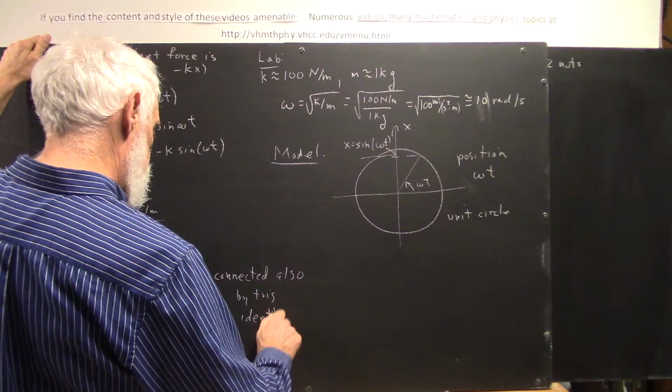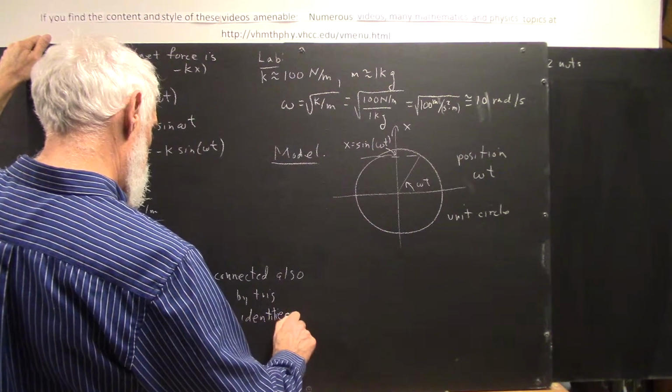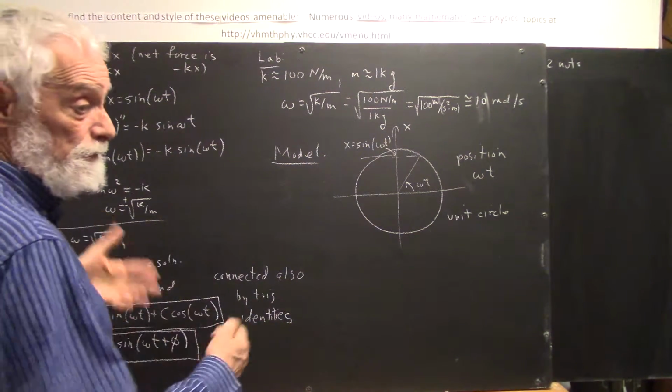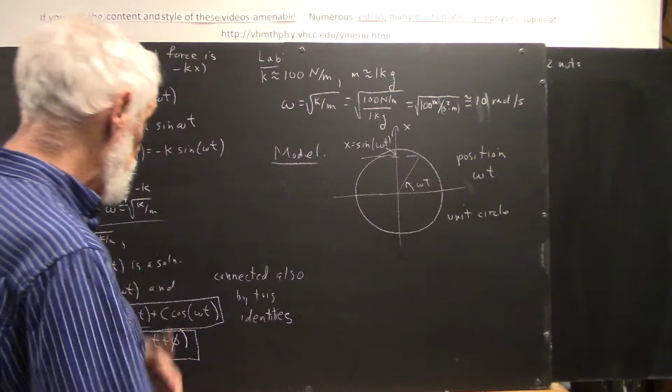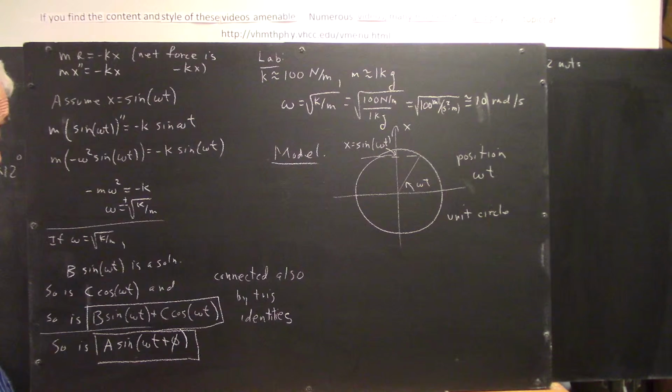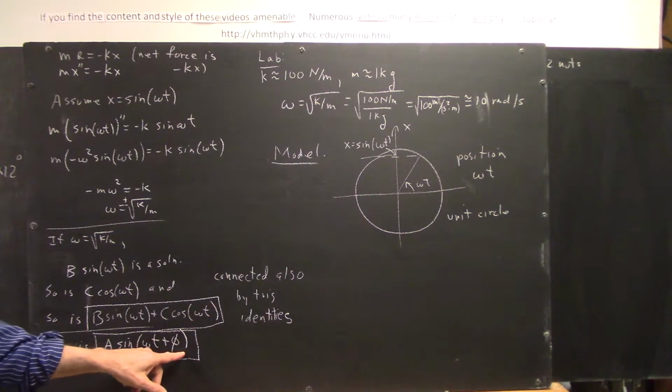By trigonometric identities. The identity for sine of alpha plus beta or the cosine of alpha plus beta allows you to connect this with this. This is like a sine of alpha plus beta.